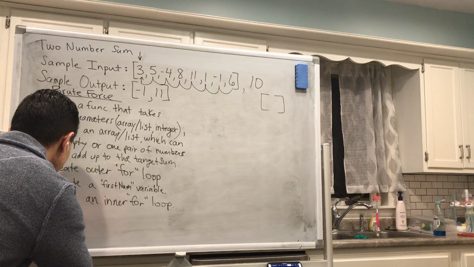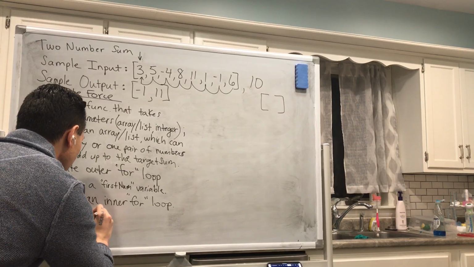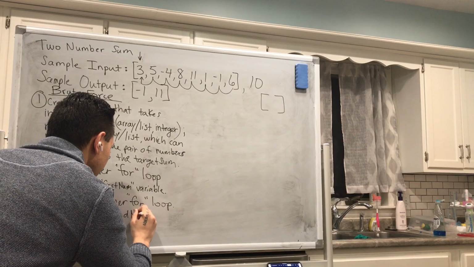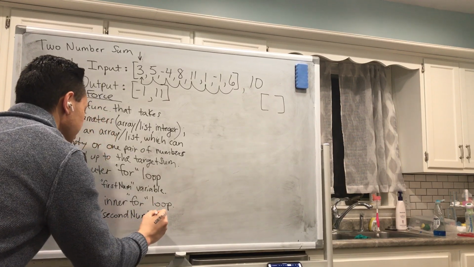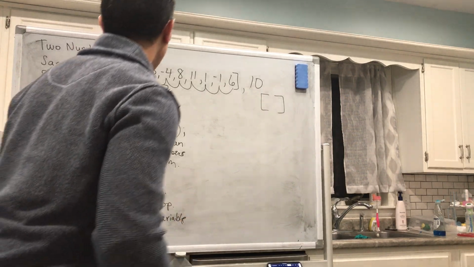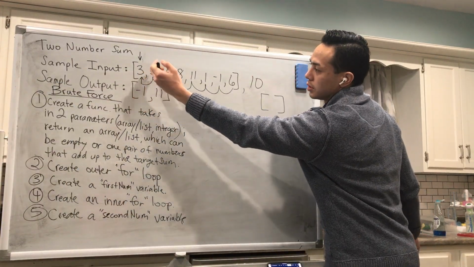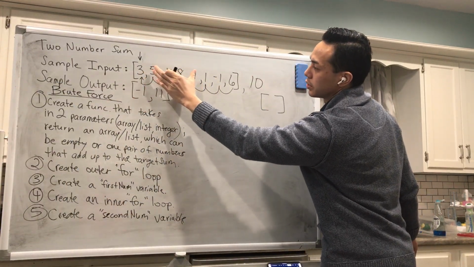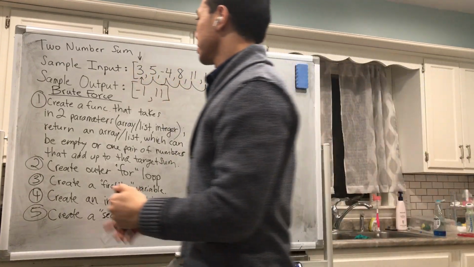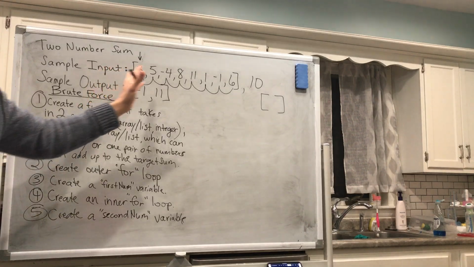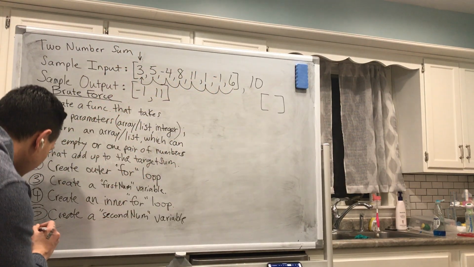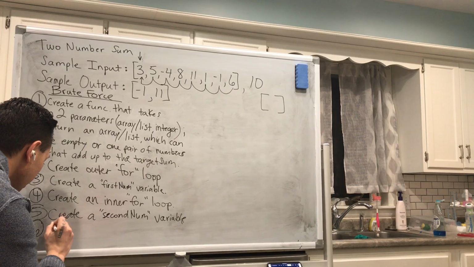It's going to be called second num. And that is going to represent each of the numbers being iterated over for a specific first num. Right? So we get access to each number twice within the same list because we're using the nested for loop approach.